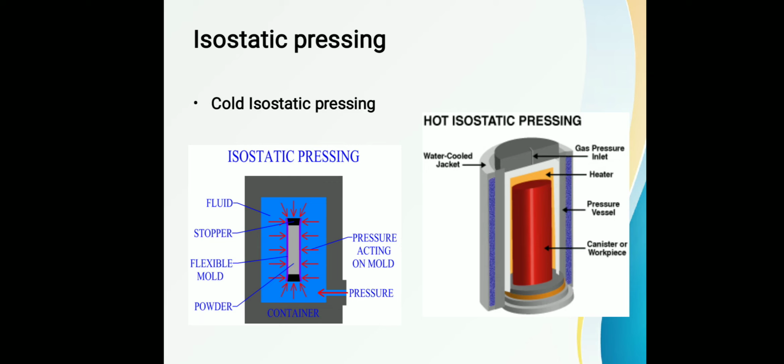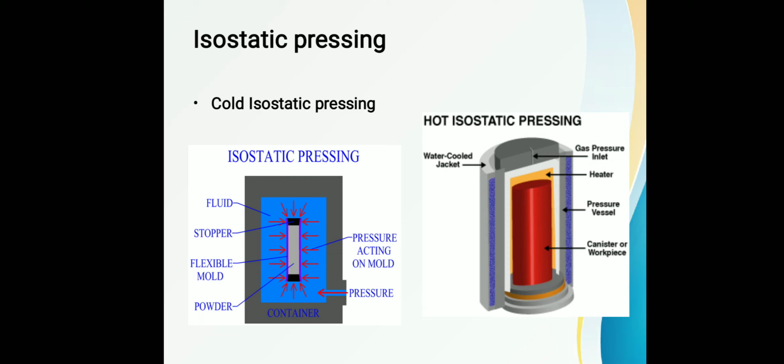In hot isostatic pressing, there is use of higher temperature and pressure, so we get the advantage of high density, good mechanical strength and bonding.